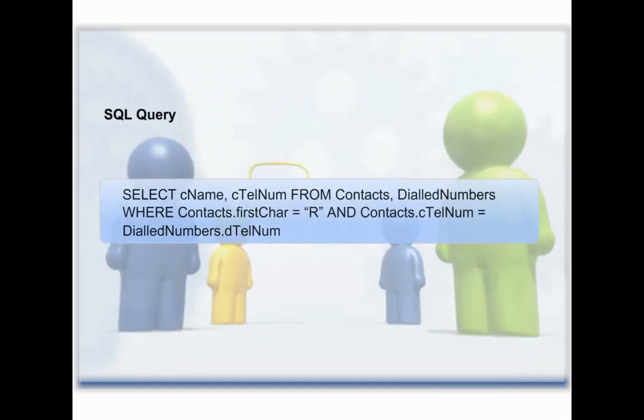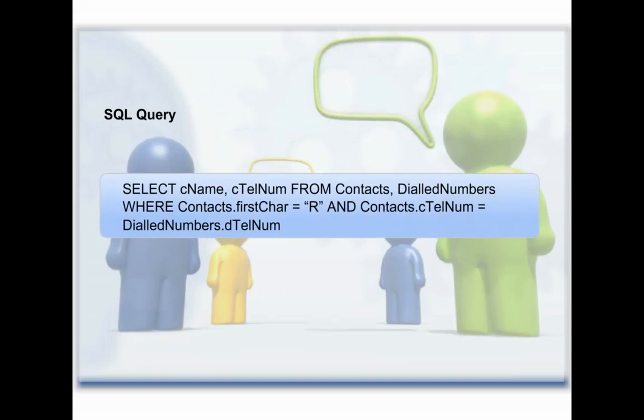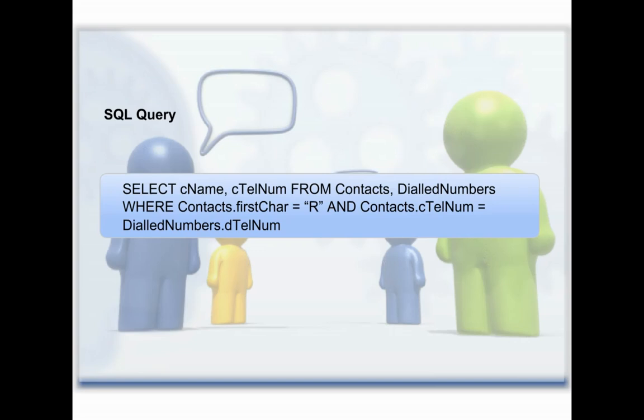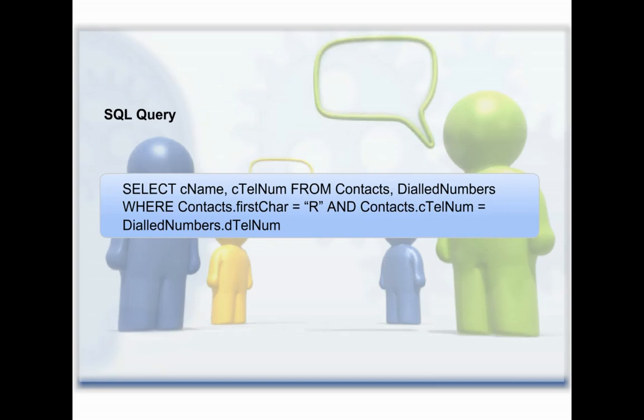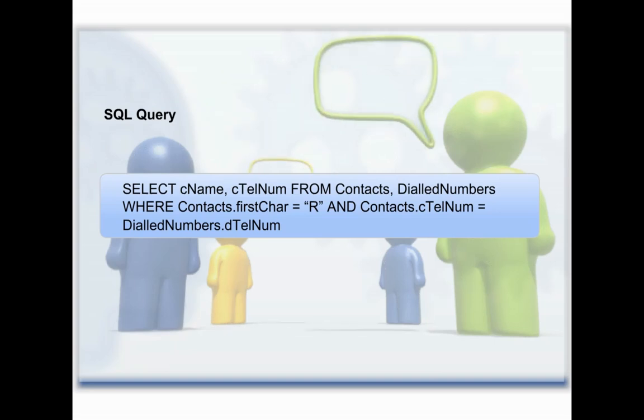SQL query: SELECT CNAME, CTELNUM FROM contacts, dial numbers WHERE contacts.first CHAR = 'R' AND contacts.CTELNUM = dial numbers.DTELNUM.